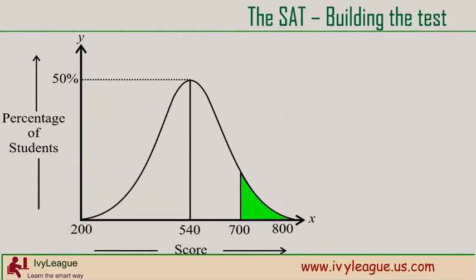Actually, the test paper of the SAT is researched and designed in such a manner that when students take the test, their scores follow a bell curve, where a very small number of students get a score of 200 or an 800, but a maximum number of students get a 50 percentile score of 540. As the question paper has 5 levels of questions, it is adaptive and uses a certain algorithm to ensure that the bell curve is maintained.